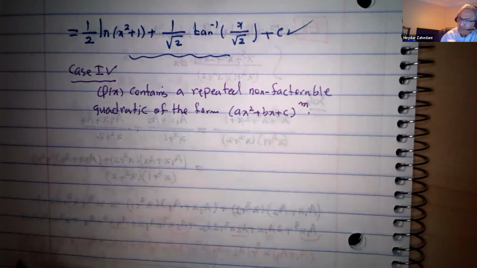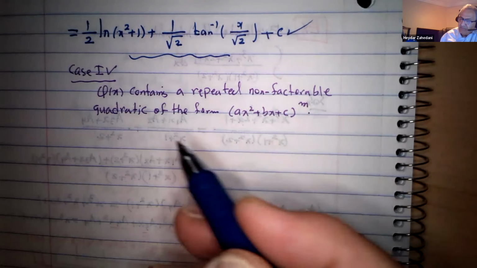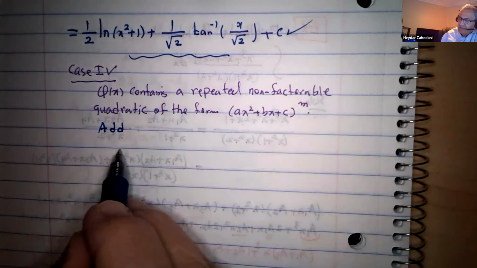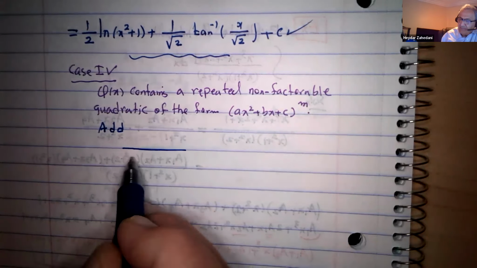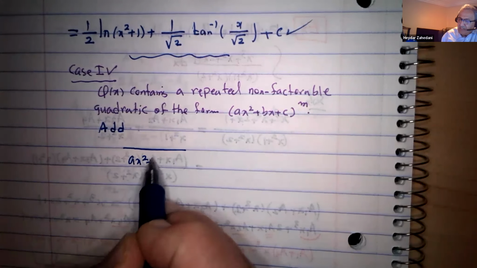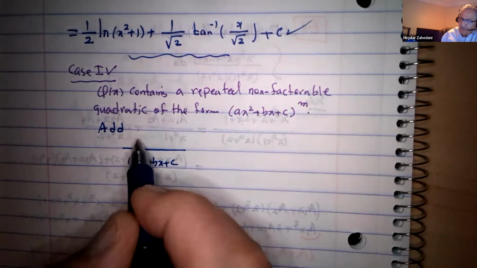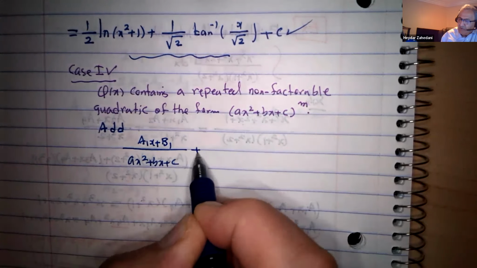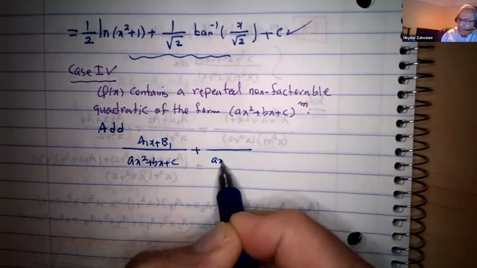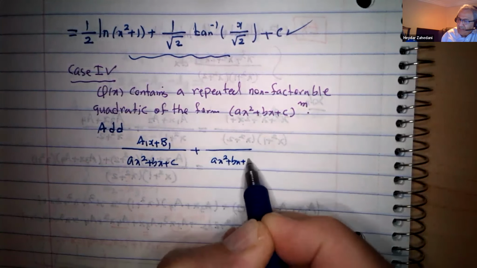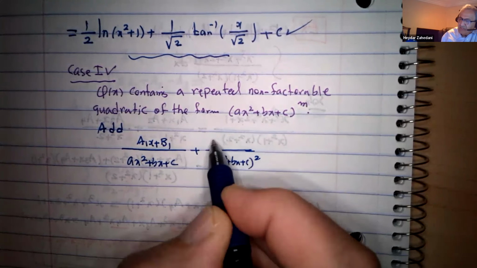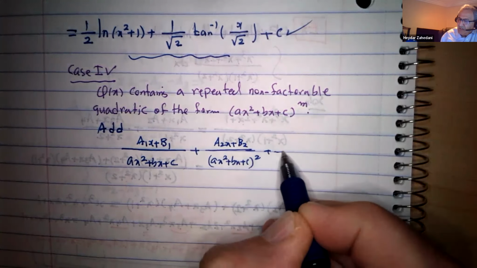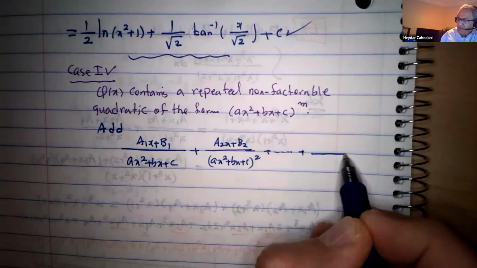Okay, so what we're going to do is add the following. See the first one. It's ax squared plus bx plus c. We pick something like a1x plus, let's say, b1. Then you repeat this one: ax squared plus bx plus c squared, and then it's going to be something like a2x plus b2, and then you have to go on to get to the repetition power.